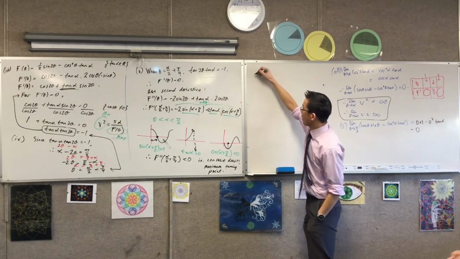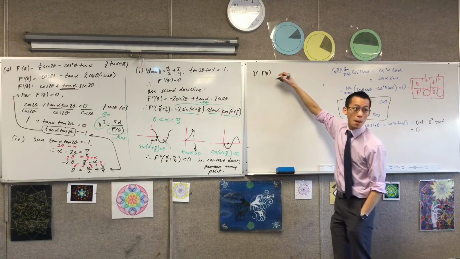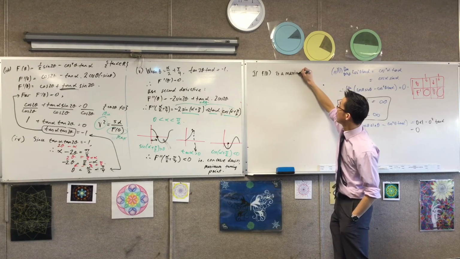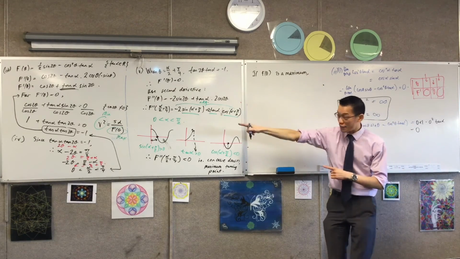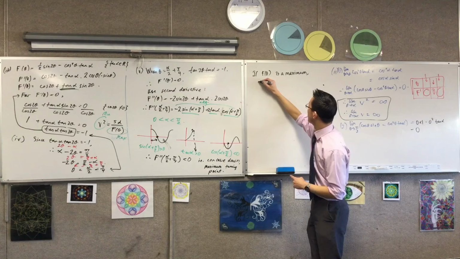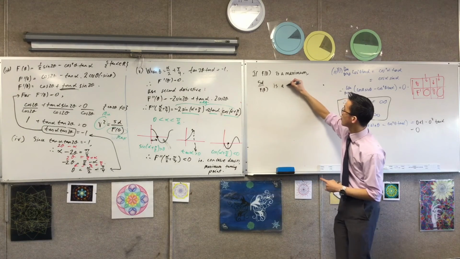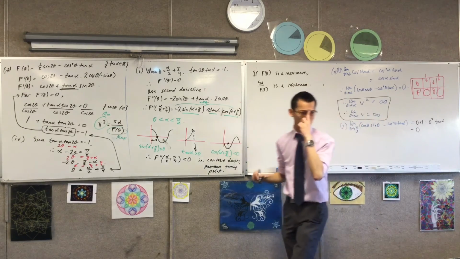Okay, so if f theta is a maximum, right? Therefore, 5d on f theta is a minimum. Does that make sense? I guess you don't need this language, but what's going on?